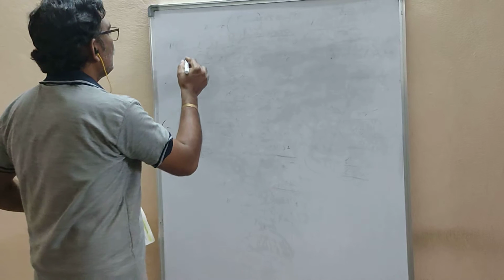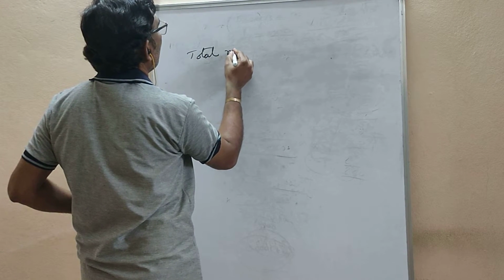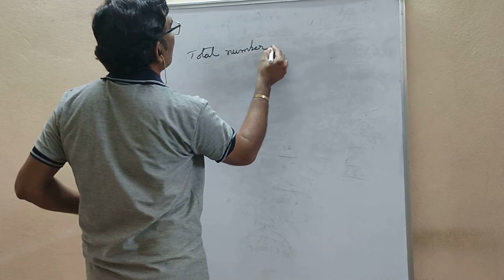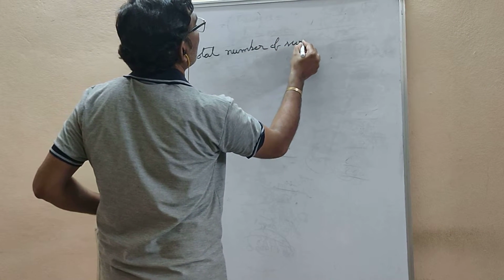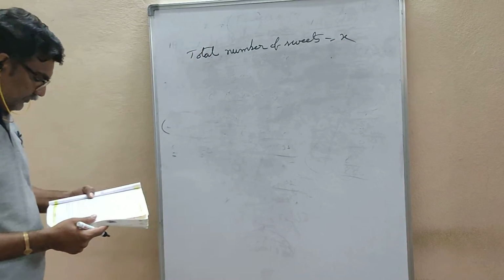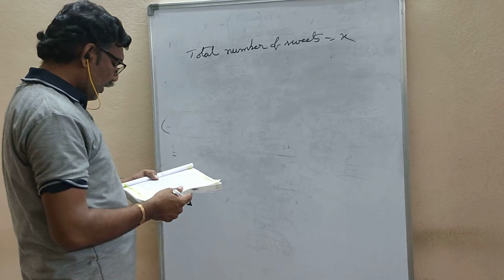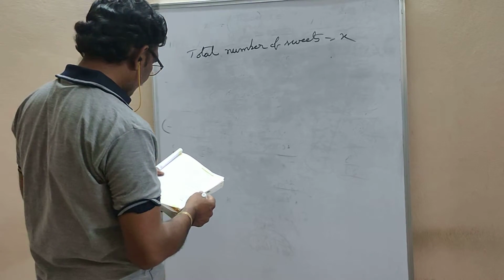So total number of sweets with him, we don't know, so assume it as x here. Shekhar gives a quarter of his sweets to Renu.